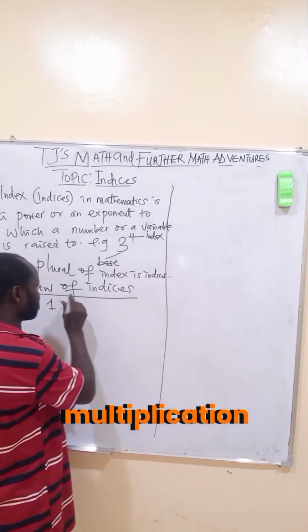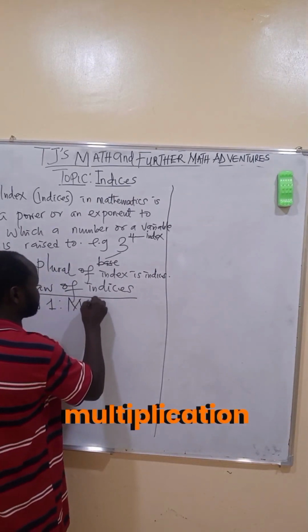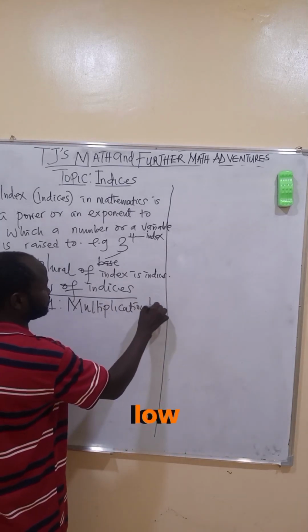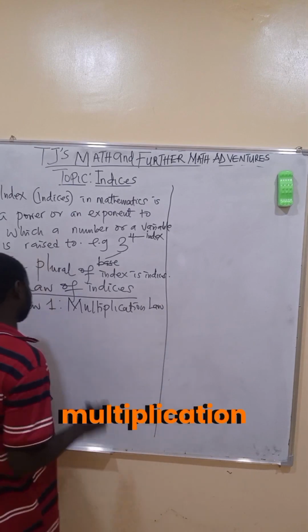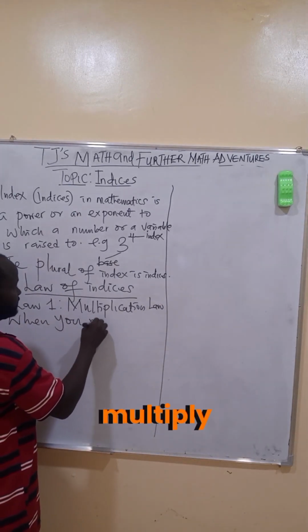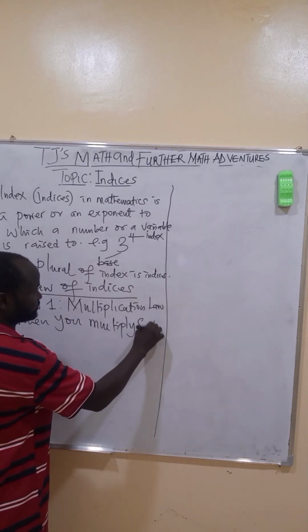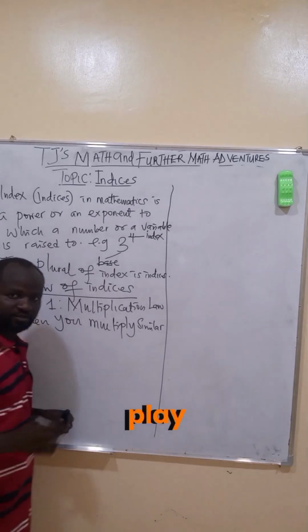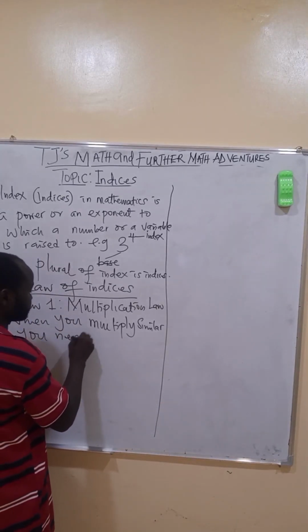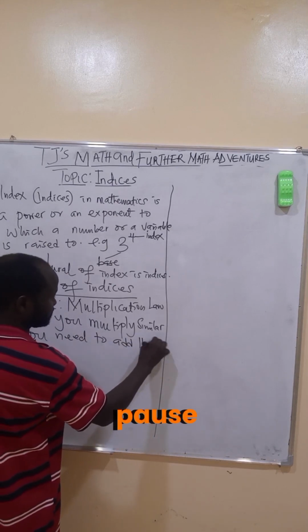is multiplication law. When you multiply similar terms, you need to add their powers.